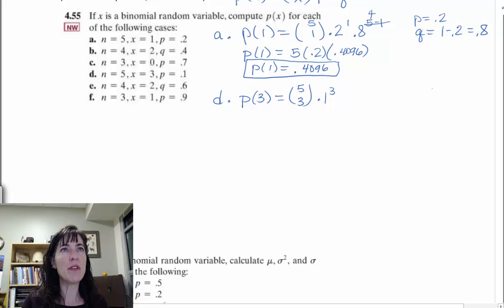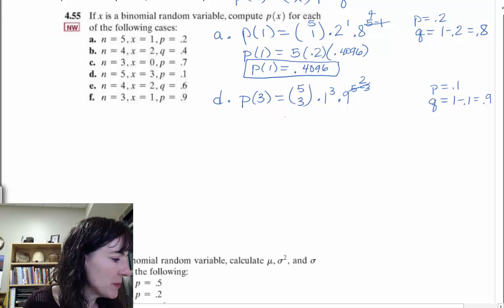So remember, if my P is 0.1, then my Q is 1 minus 0.1, or 0.9. So that'll be times 0.9 to the 5 minus 3. That gives me a 2.